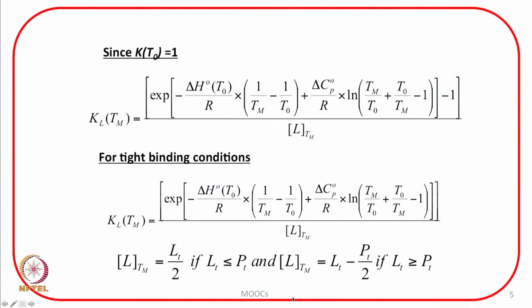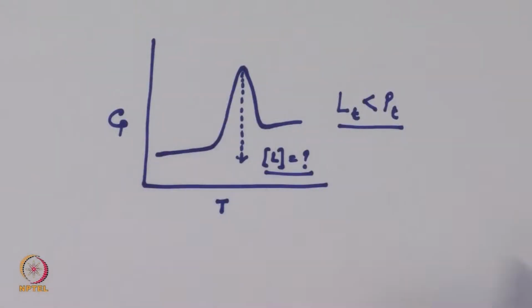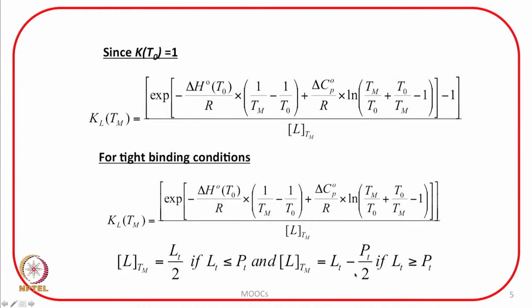And since here the protein is in small amount, it is fully complexed, the ligand concentration at the transition point, let us take a look at the slide, is going to be total ligand concentration in solution minus total protein concentration in solution divided by 2 if Lt is greater than or equal to Pt.